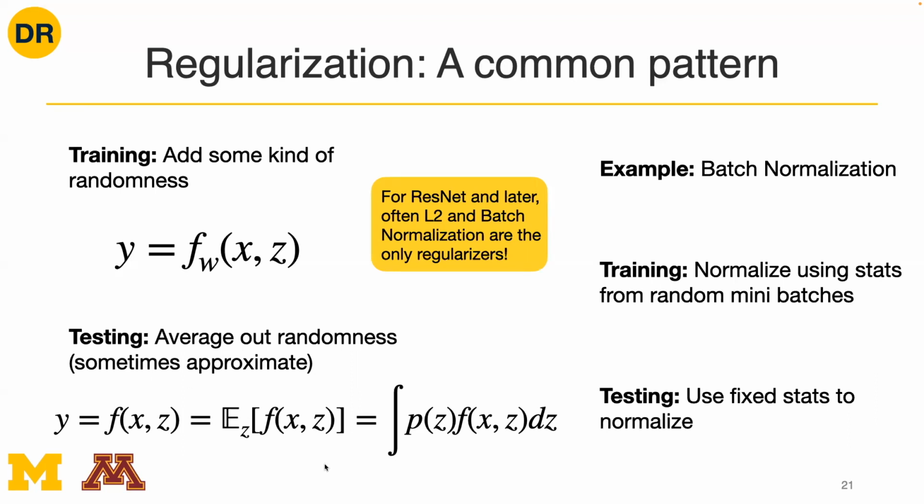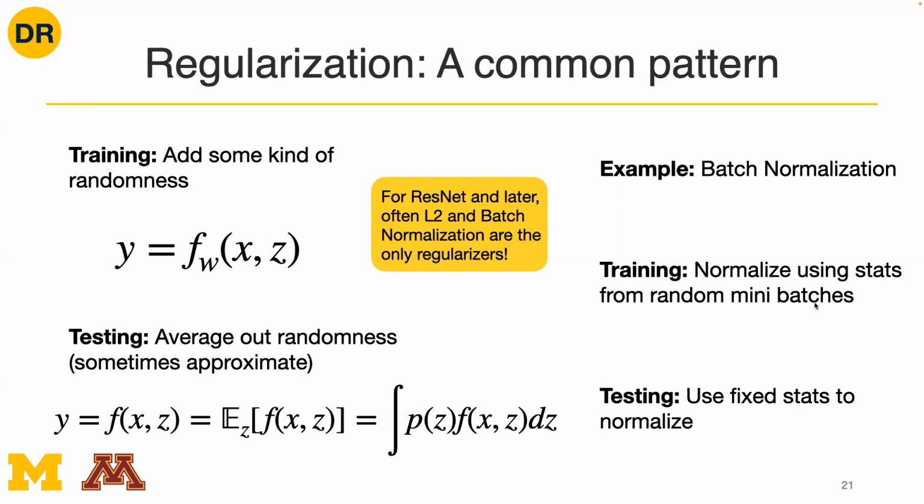So if we think back to batch normalization and how it fits into this pattern, during training the stochasticity came from how we sampled random batches. You'll recall that with batch normalization, the input to every layer is normalized by the batch statistics that we happen to sample. So every activation within our batch for a given layer will not just depend on the specific image that produced that element of the batch.